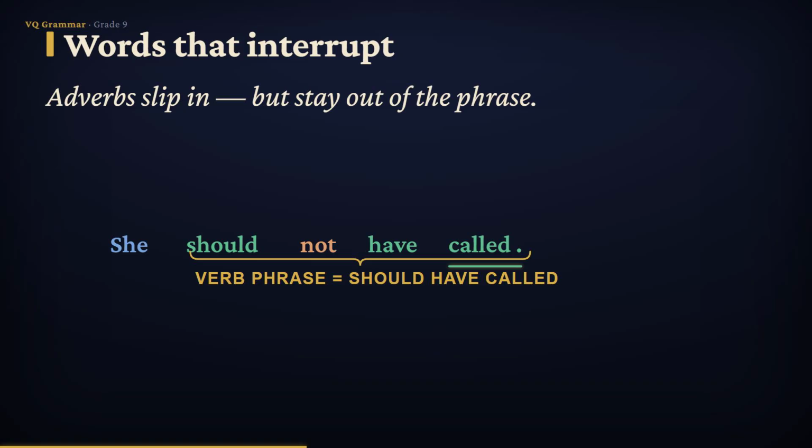But what about that word not sitting in the middle? Not is an adverb, not a verb. It interrupts the phrase, but it is never part of it. The same goes for words like already and never. They can break up the verb phrase, yet they always stay outside of it. So when you scoop up a verb phrase, step right over those little guests.